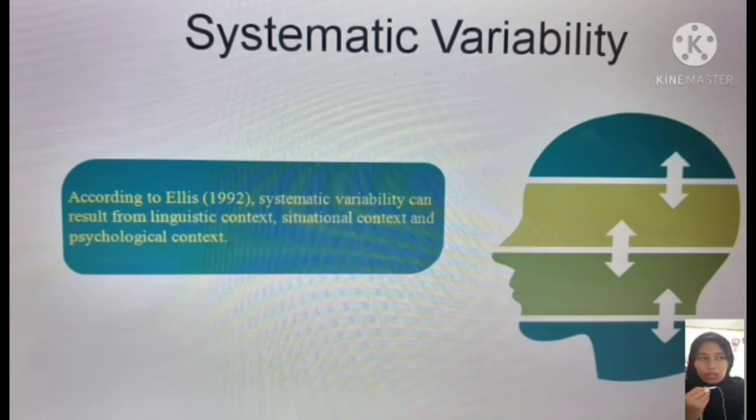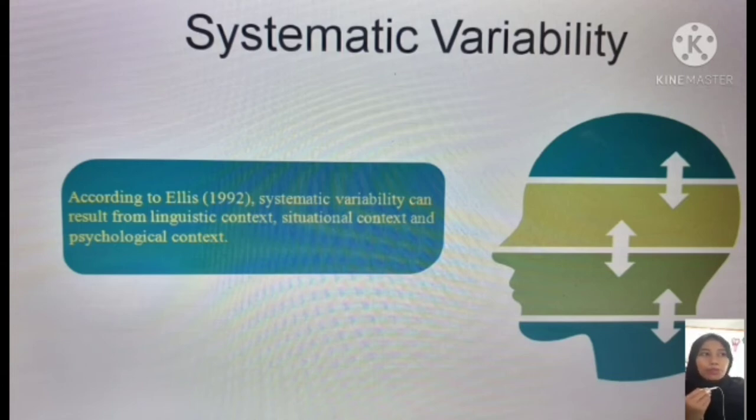The status of variability in the language use of native speakers has been viewed very differently by linguists. It depends on whether they approach it in terms of a homogeneous competence model or a heterogeneous competence model. According to Chomsky, pragmatic knowledge is systematic.